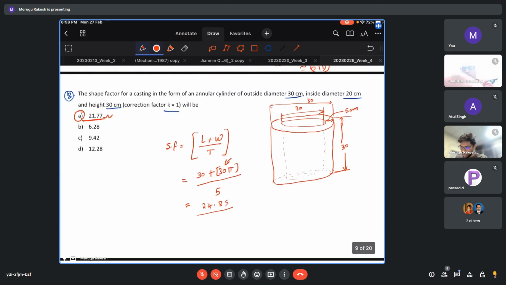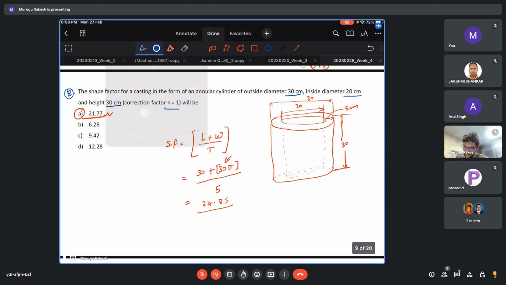Okay, I want to add some more details in this question. For this width, we have to take the average, pi d average. That is nothing but 5 into (30 plus 20) by 2, so it will come as 25 pi. If you include that, you will get the correct answer.